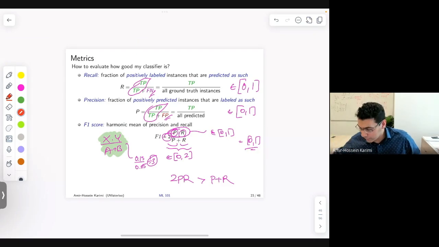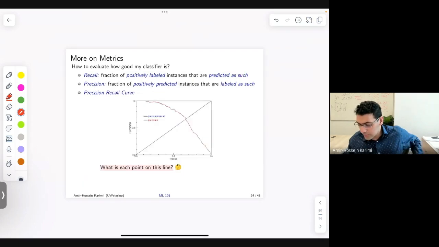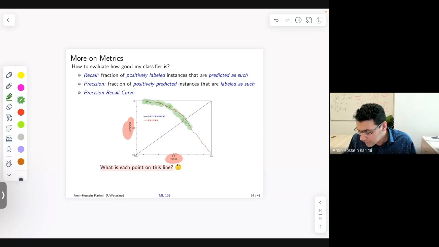Now, based on all that we've learned here, we shouldn't only look at accuracy, but maybe we should look more closely at the precision and recall itself. So we have something called the precision-recall curve, where on this axis we have recall, on this axis we have precision. Every single point on this chart is a different value of the threshold that we can choose to do the classification for our model.